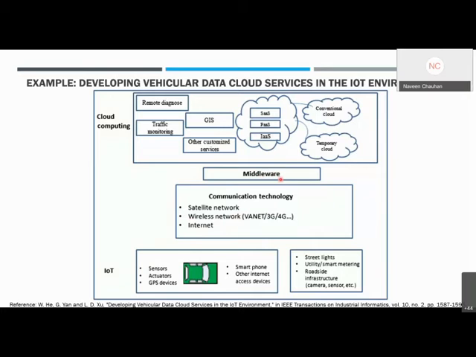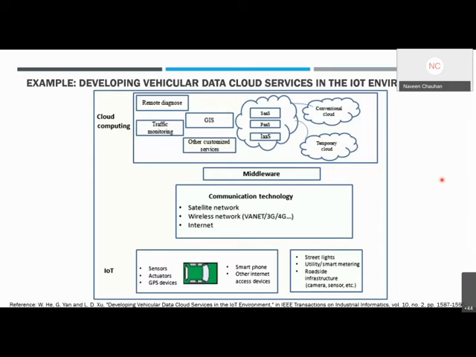And on the middleware, on top of that we have cloud computing, I mean different services, whether we want to take software as a service, platform as a service, or infrastructure as a service. This is a very peculiar example, or scenario, which we can think of with the help of this amalgamation of these two technologies, cloud and IoT.